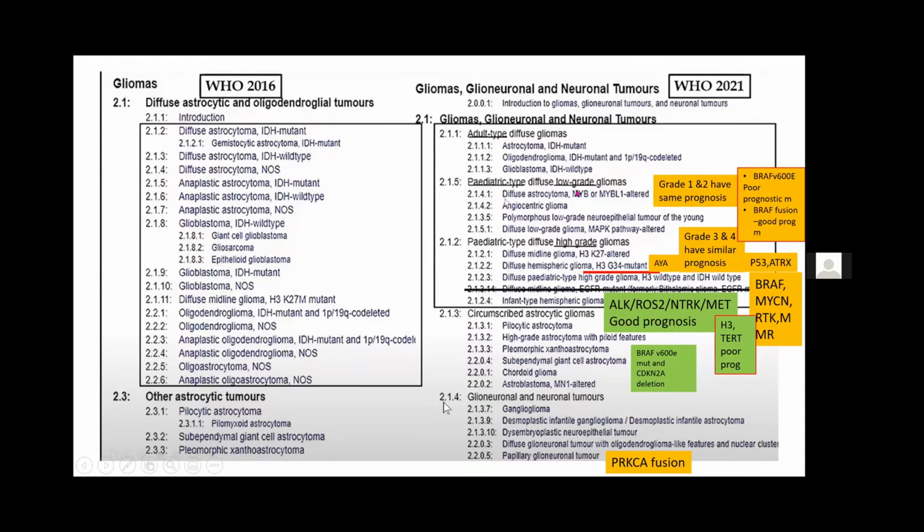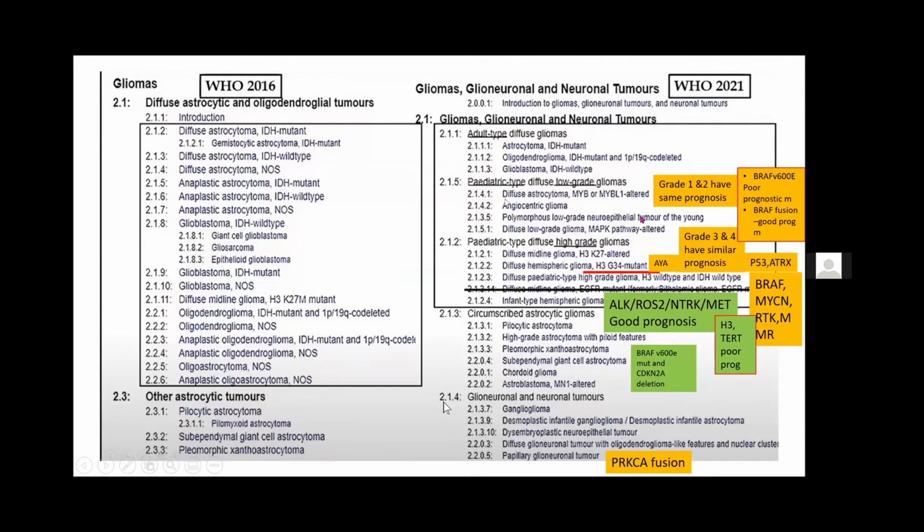Earlier on, we would classify each glioma into grades 1 to 4. Grade 1 and 2 would be considered low grade, whereas grade 3 and 4 would be considered high grade. But amongst the pediatric diffuse gliomas now, amongst the low grade gliomas, there is no real need to classify them as grade 1 and 2 because they have a similar prognosis, and the high grades into 3 and 4 because they might have a similar prognosis.